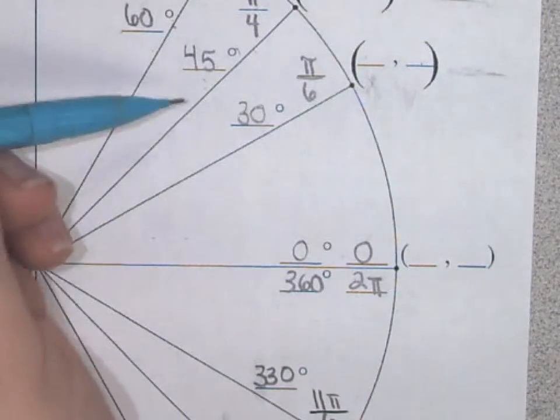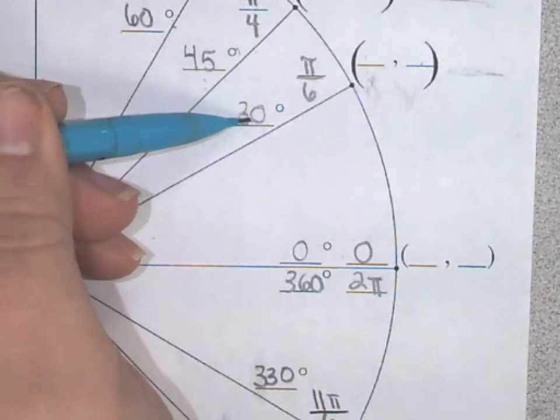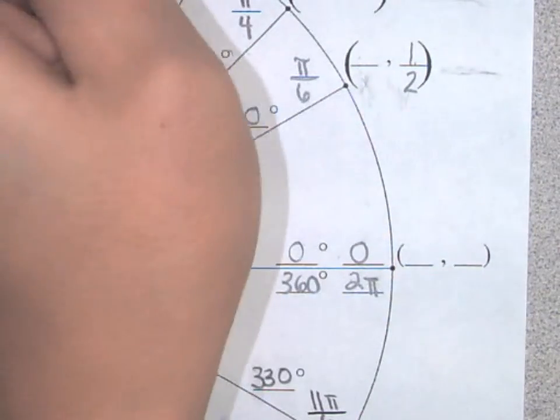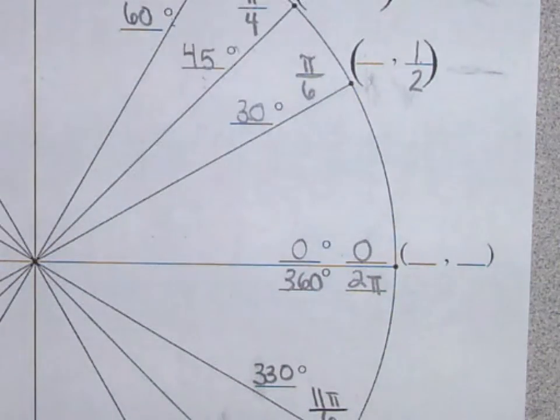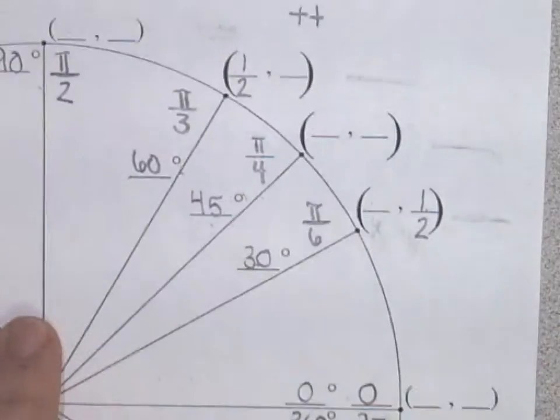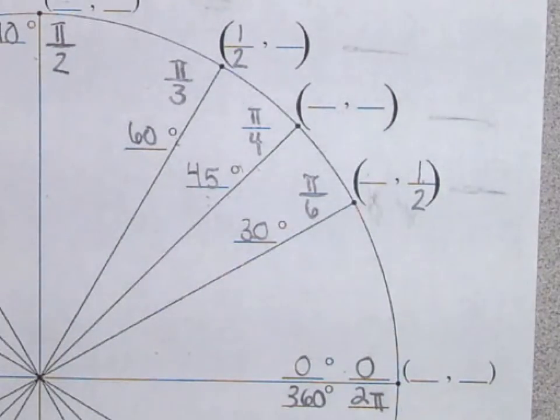No, sine at 30 is 1/2, which means cosine at 60 is 1/2. Cosine is 1/2, sine is square root of 3 over 2. If it would have been flipped, it would have been 30 degrees.